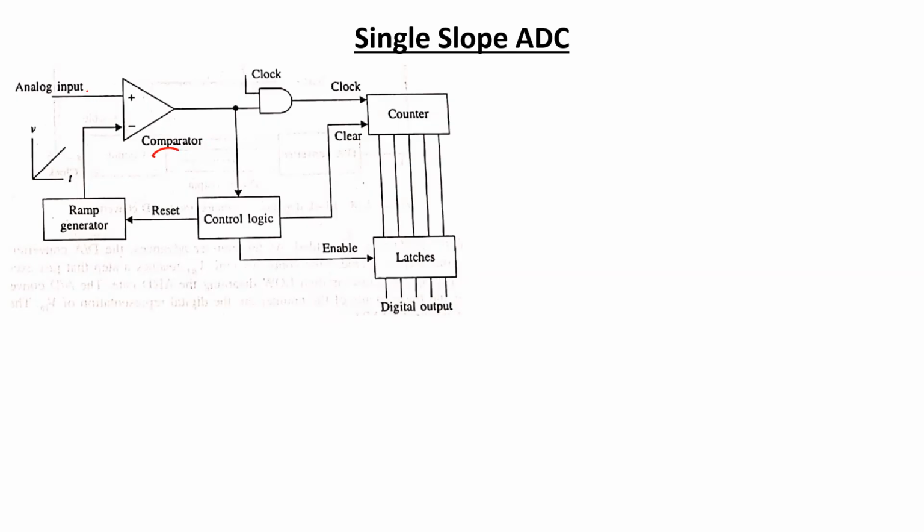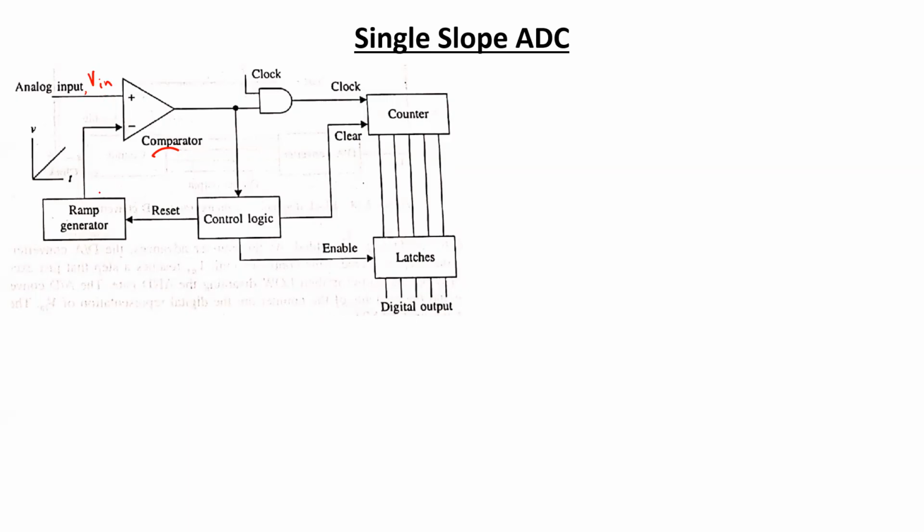And this op-amp is going to compare the input analog voltage Vin. This would be the analog input voltage after passing it through a sample and hold circuit. So for a particular duration, we can consider that this analog input voltage is going to be a constant voltage being supplied to the non-inverting terminal.